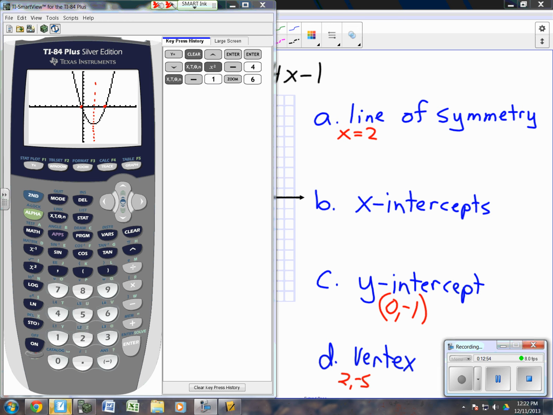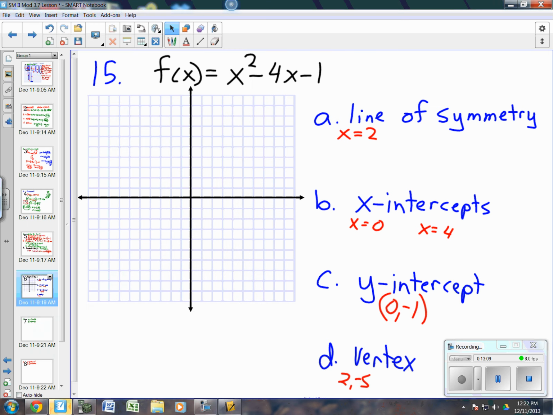But my x-intercepts look pretty close to 0 and 4, though it doesn't mean that's necessarily what they are. So that gives us an idea. Now we're going to go back to this, and we've got to do most of it algebraically. Just a reminder, how do you find a y-intercept?